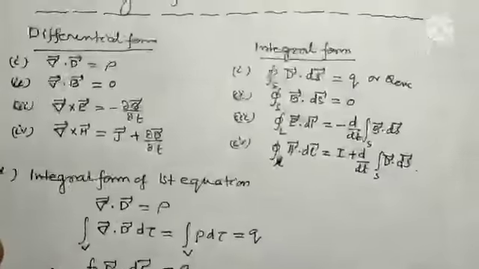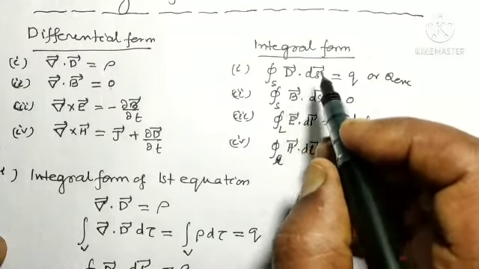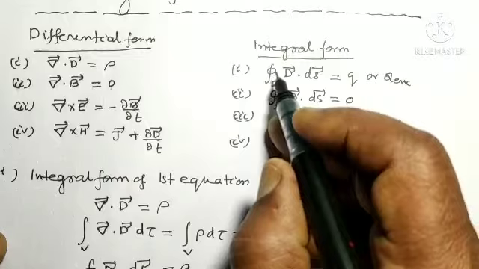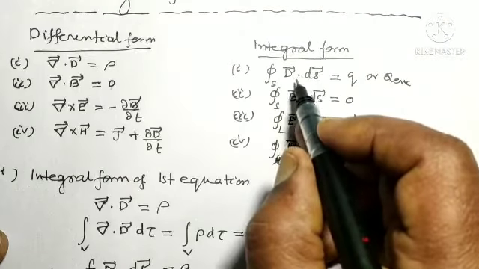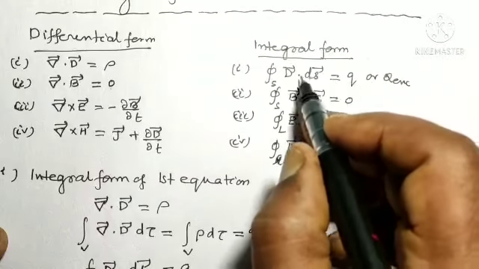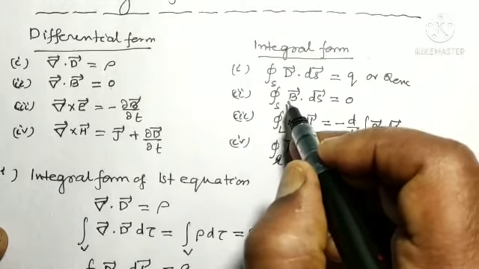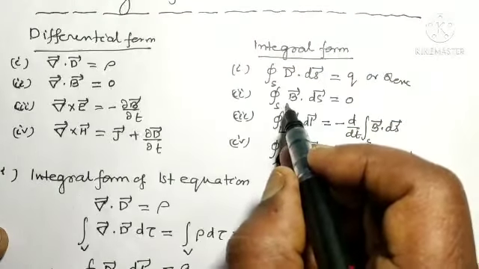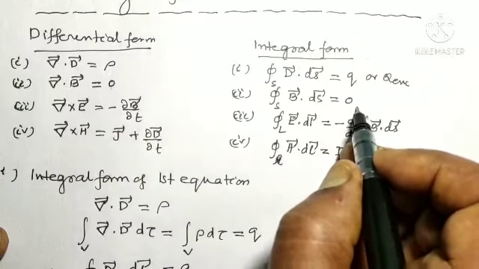What is the physical meaning of these Maxwell's equations? The first equation says that the flux of D vector through any closed surface is equal to the net charge enclosed by the surface. And the second equation says that the flux of magnetic field through any arbitrary closed surface is equal to 0.